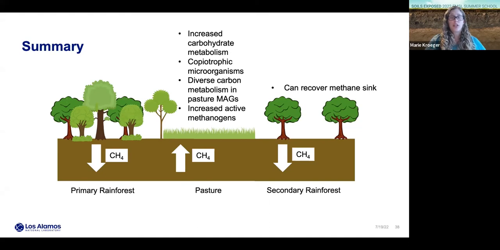However, future studies really need to investigate further whether we can do this via afforestation, where humans are actively trying to reforest the land, and how long it takes. The secondary rainforests that we looked at were pretty old. They were between 40 and 50 years old. So hopefully it doesn't take that long to regain its methane sink.